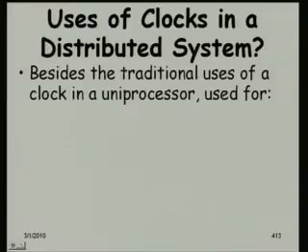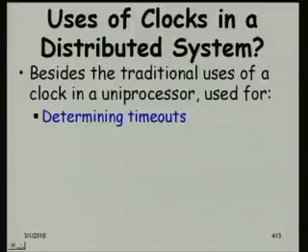So we had seen that the traditional use of a clock in a uniprocessor is to determine whether a task completes in time. We had said that there will be a timeout if it does not complete in time, and some exception situations need to be handled, that is, it misses its deadline.